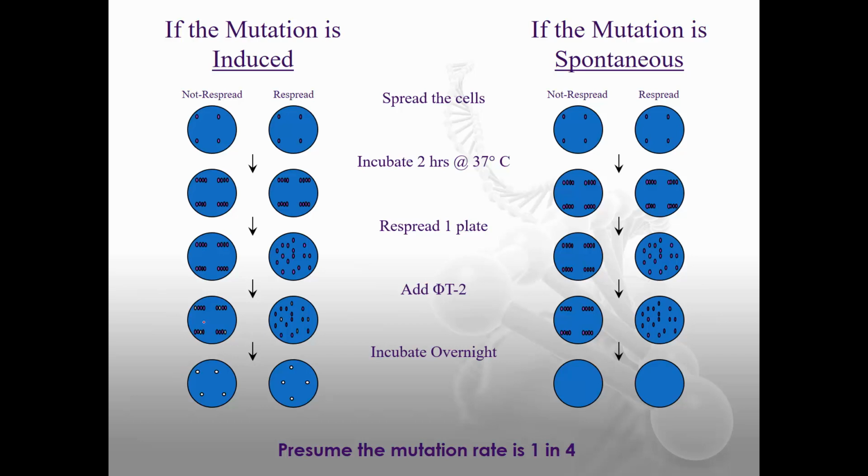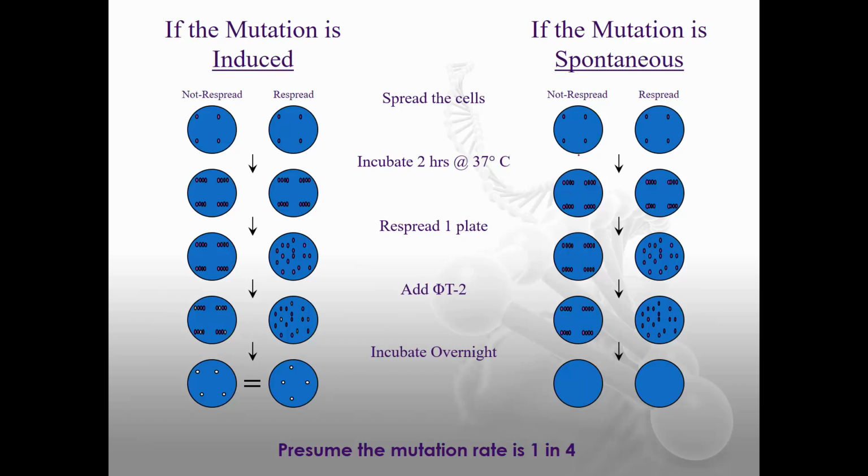And so you end up with piles of cells coming from these original cells, and that pile grows into a colony, and this cell becomes a colony, and that cell becomes a colony, and so on, and these 4 cells become 4 colonies, and you get roughly equal numbers of colonies on both plates. They may not be exactly the same because of random deviation, but we had 4 here, we had 4 here, we have roughly 4 colonies on both. That's what happens if the mutation is induced.